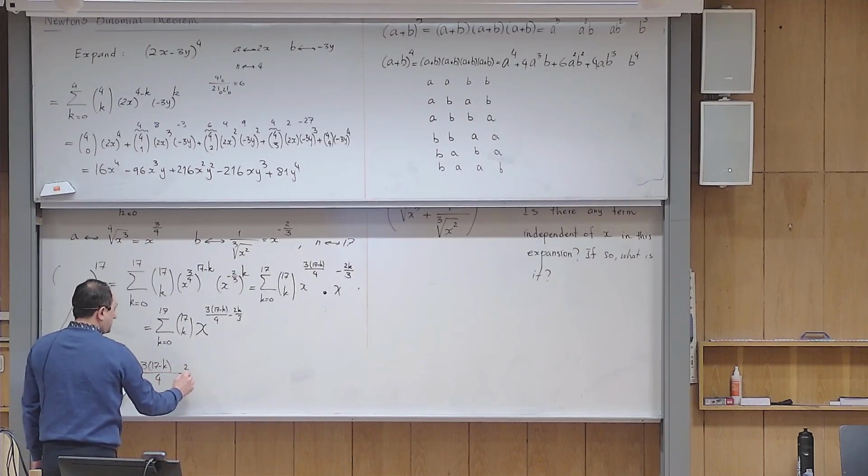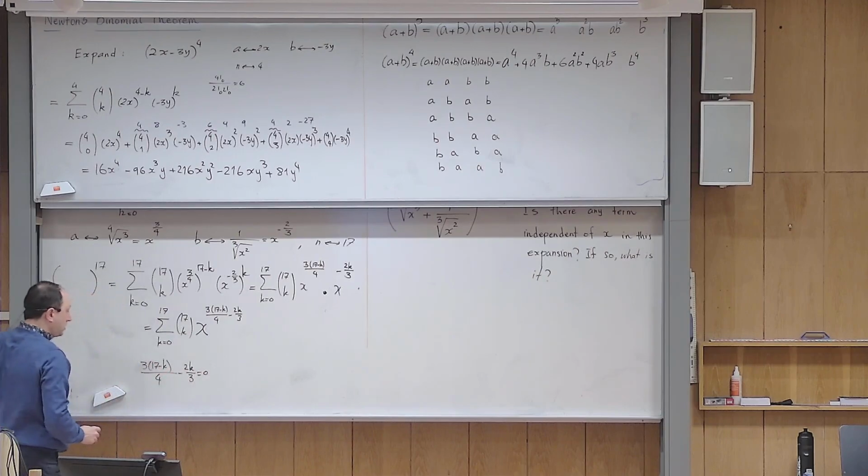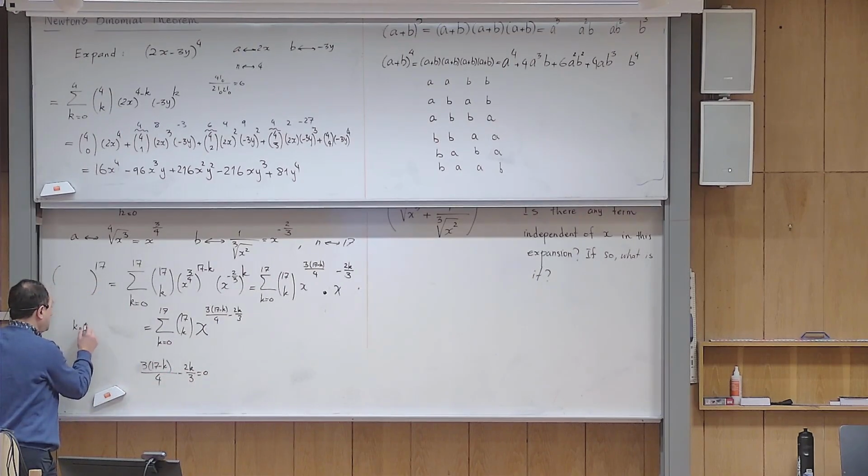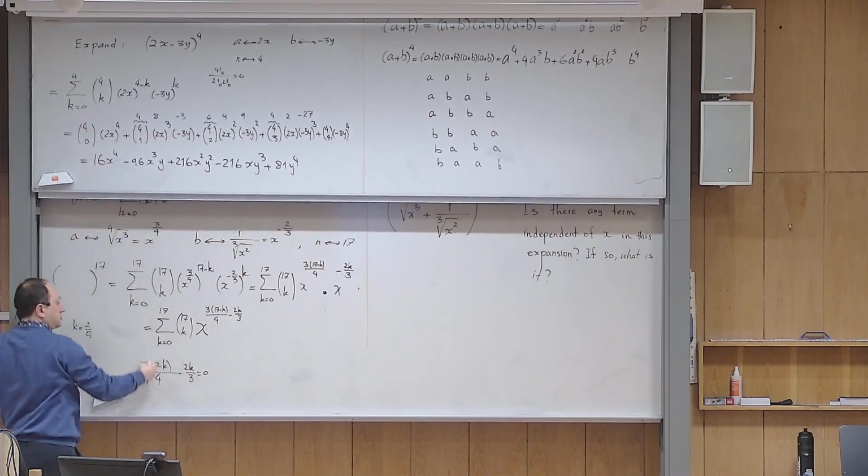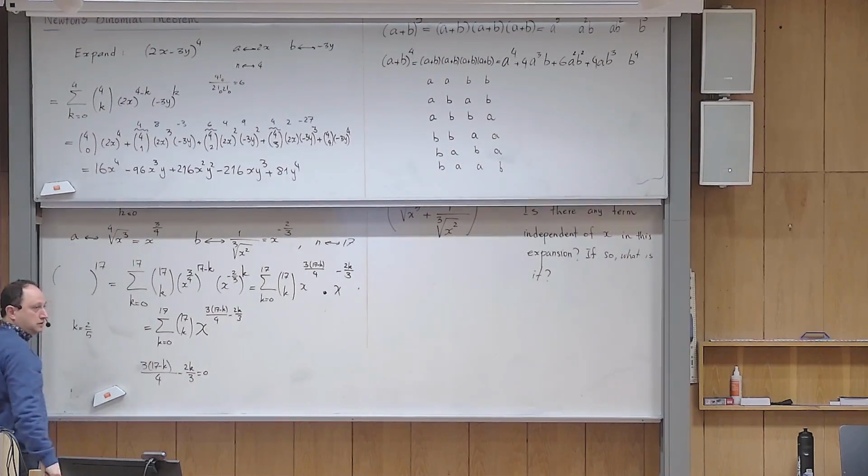Okay, let me ask you some questions before going forward. Let us say that I solve this equation and I get k equals 2/5. Assume that. What is the answer to the main problem then?